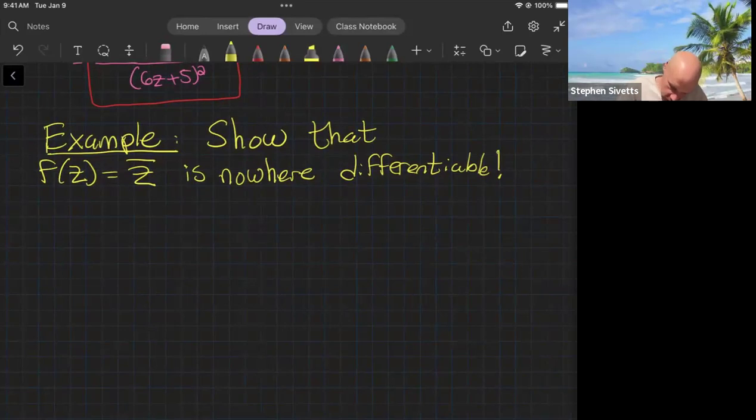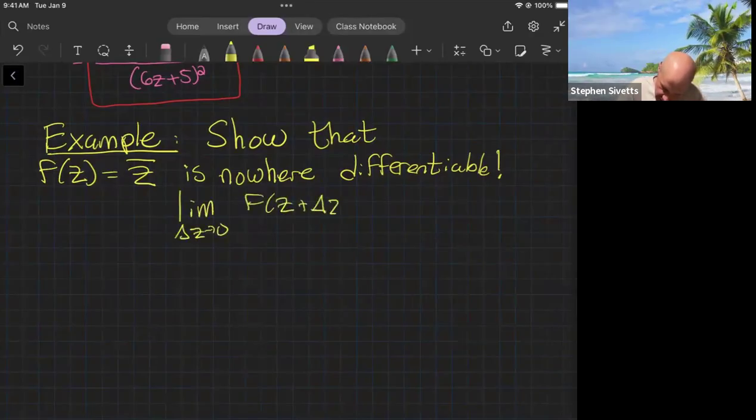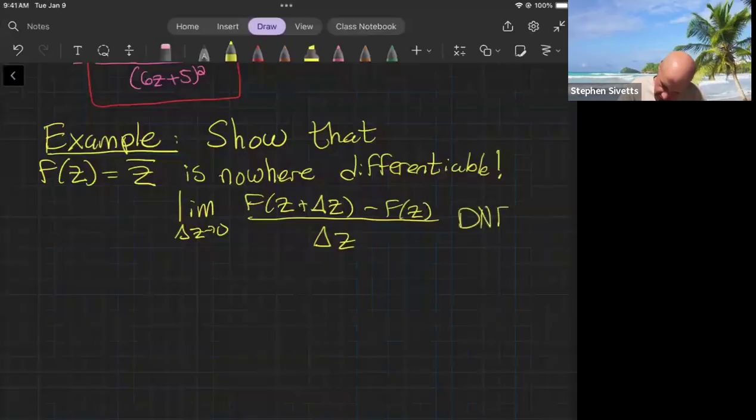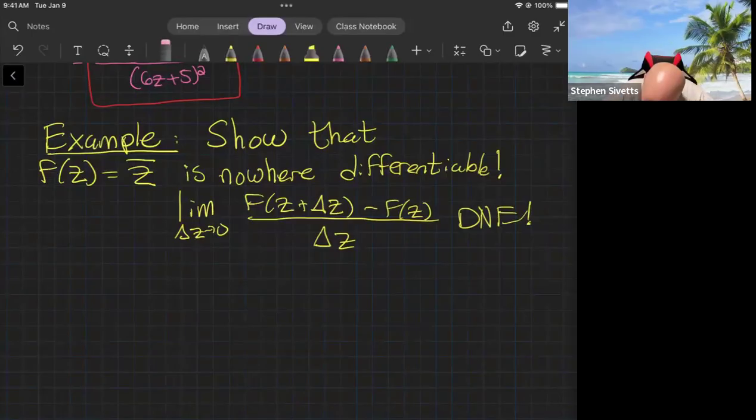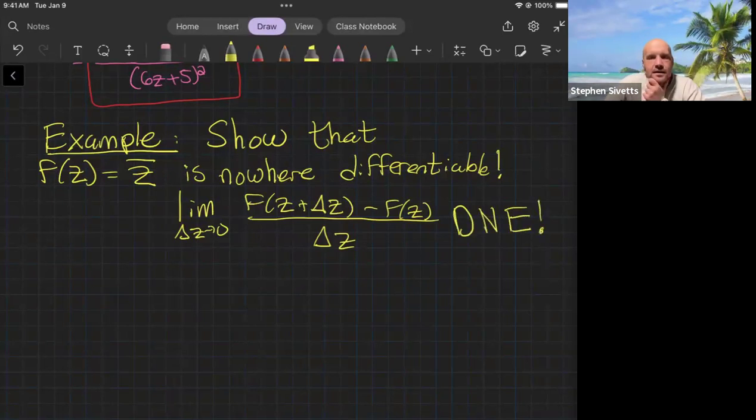And all we have to do is show that the limit as delta z goes to 0 of f of z plus delta z minus f of z, divided by delta z, does not exist, right? It does not exist. Let me write that a little more clearly: DNE, does not exist. Okay. So try to think about this example and see how we would show this.